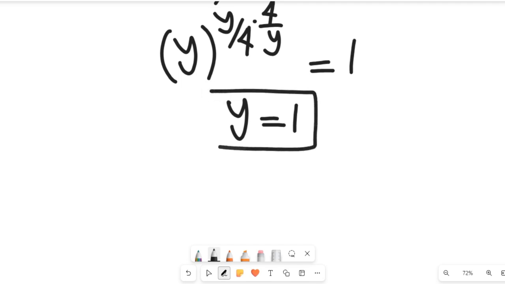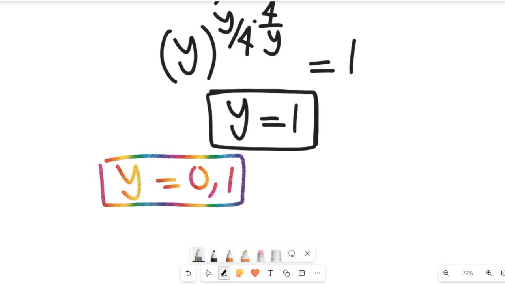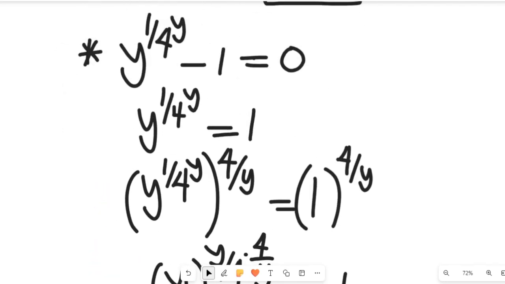So the value of y here is equal to 1. So the value of y is equal to 0 or 1. That's the solution that satisfies that exponential equation that is given to us up here.